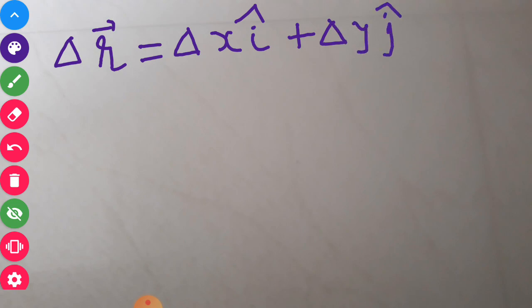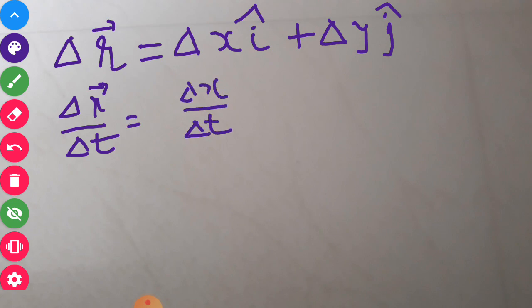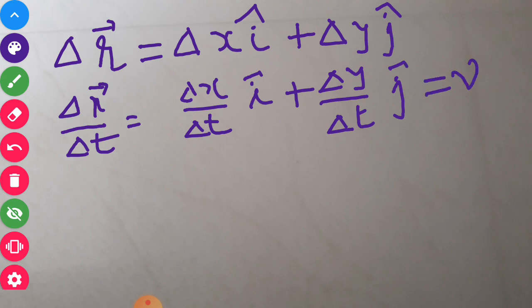Now if you divide this by delta t, with the time interval taken very small, then delta r by delta t is equal to delta x by delta t i cap plus delta y upon delta t j cap. So this gives you average velocity, that is, the change in position upon time interval: change in x coordinate upon time interval, change in y coordinate upon time interval.